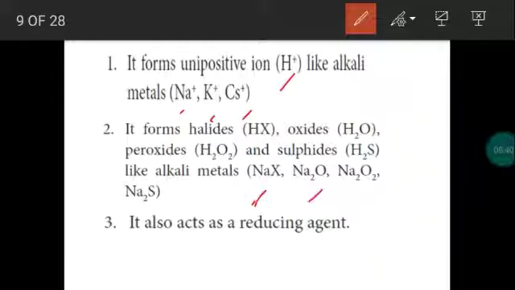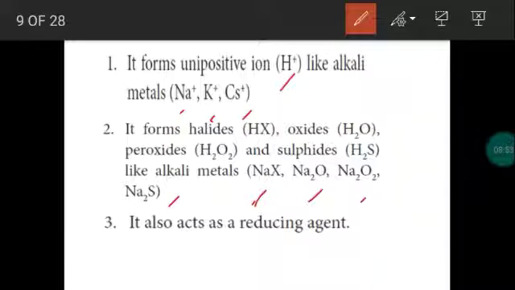When sodium combines with oxygen, it forms two types of product, sodium oxide and sodium peroxide. When sodium combines with sulfur, it forms sodium sulfide. These are all the substances formed by sodium when it combines with other elements.